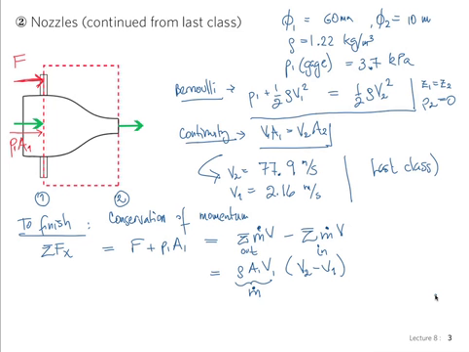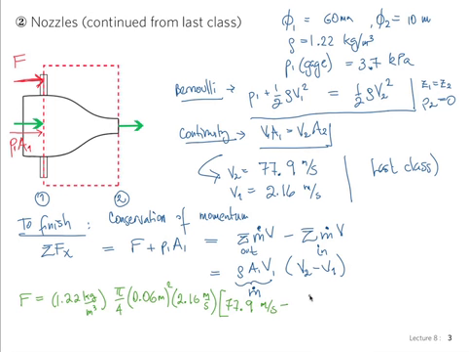We have 1.22 kilograms per cubic meter times A1, so that's pi over 4 times d squared, where the diameter is 0.06 meters, and the velocity is 2.16 meters per second there. Oh, yes, that's correct. And then we have V2 minus V1, so that's 77.9 meters per second minus 2.16 meters per second.